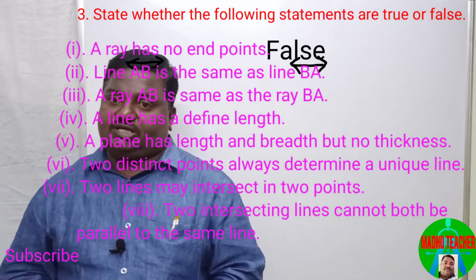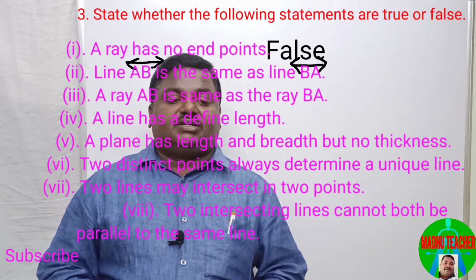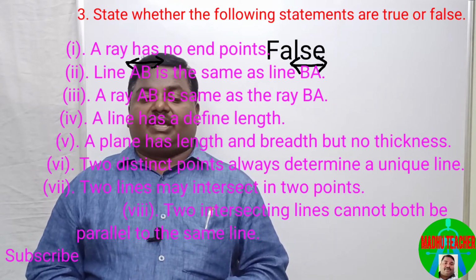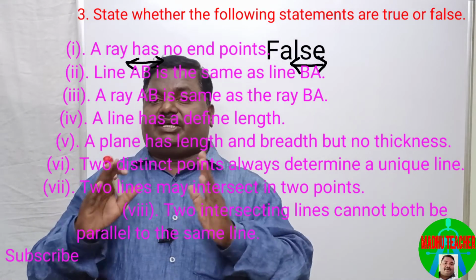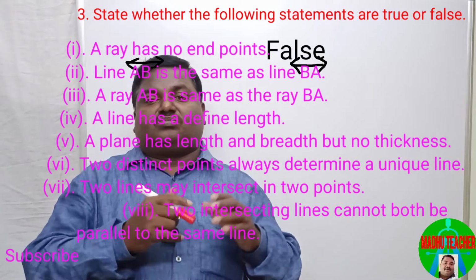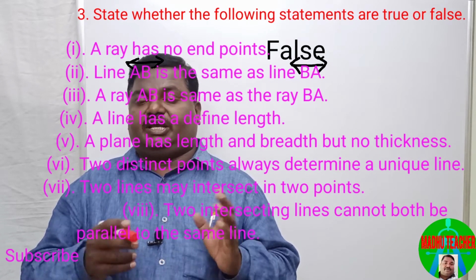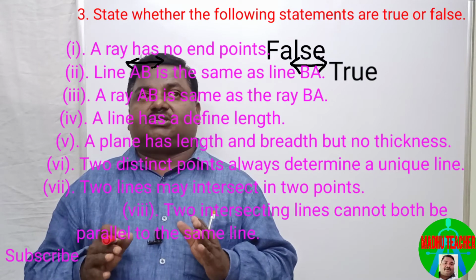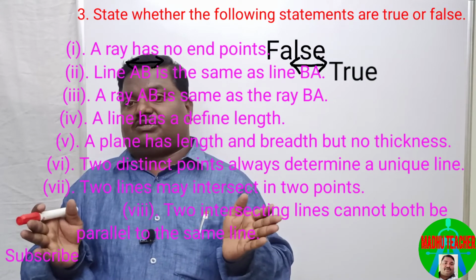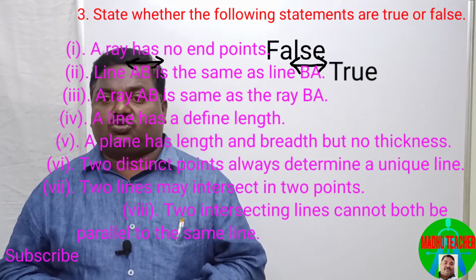Next, second one is, line AB is same as line BA. So in both cases, we can write a line in any way. AB and BA are both the same because the arrow marks lie at both sides. Therefore AB is equal to BA. So it is true.